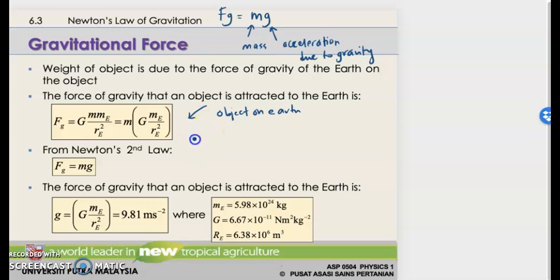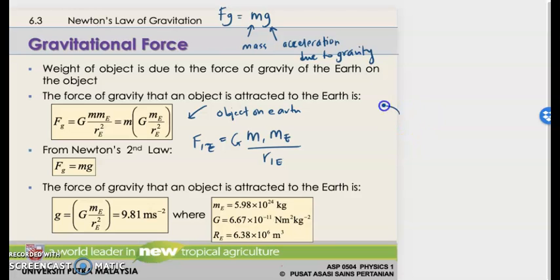Okay, so if I were to follow F12, G, mass 1, mass 2, with mass of Earth, let's say this is E, we would have the gravitational constant, mass 1, mass of Earth over the radius of object 1 to radius of Earth, right? So that is usually the case. However, the objects on Earth are really, really small, right?